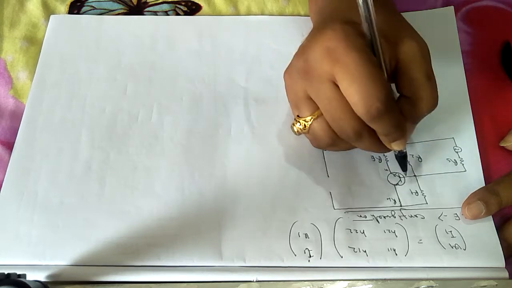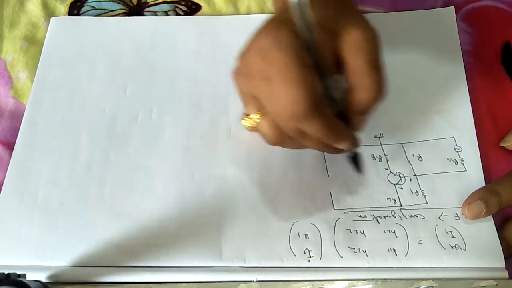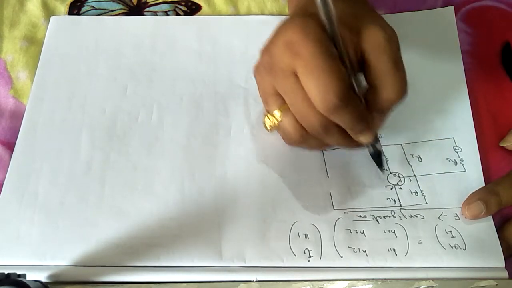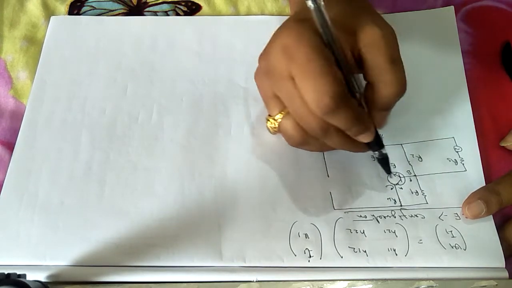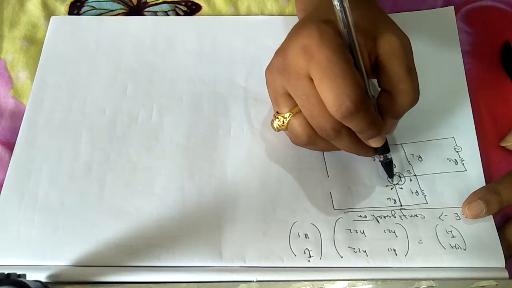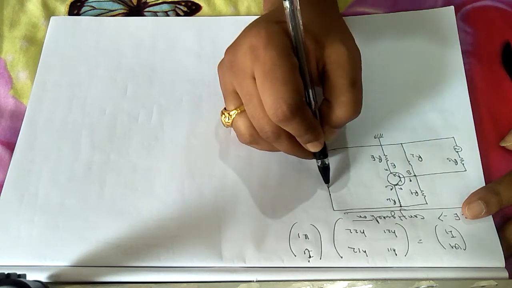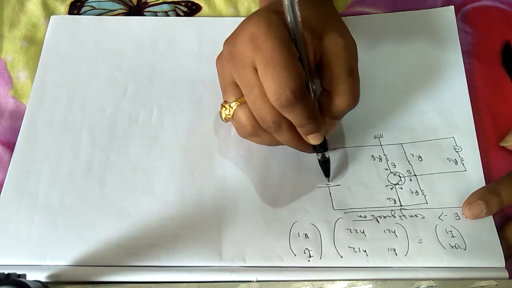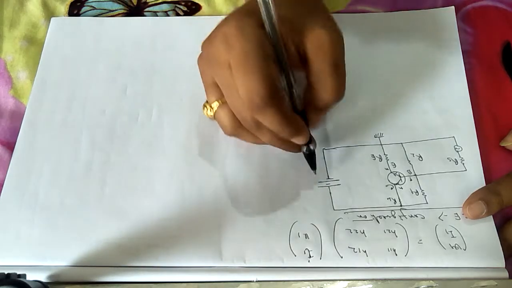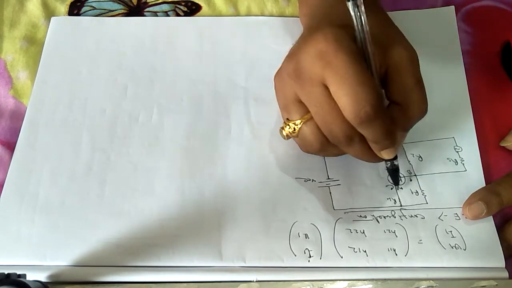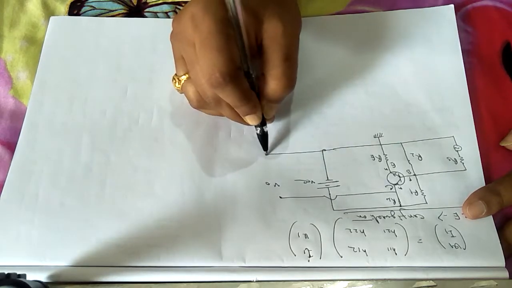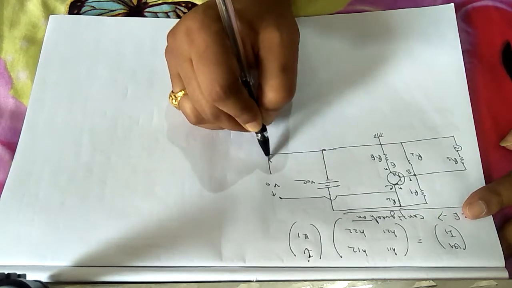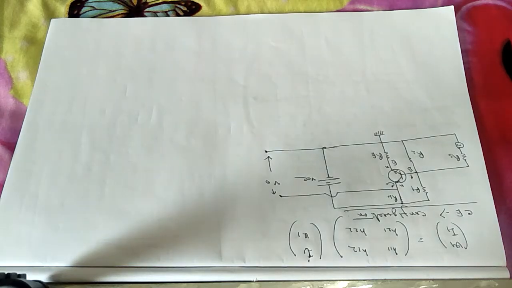Make it an NPN transistor: this is collector, this is emitter, this is base. Our idea is emitter base junction forward bias and collector base junction reverse bias. To make the collector junction reverse bias, N will be connected with P like this. So this will be VCC, and we measure the output voltage between these two terminals. This is the simplest version of the common emitter configuration in self bias mode.